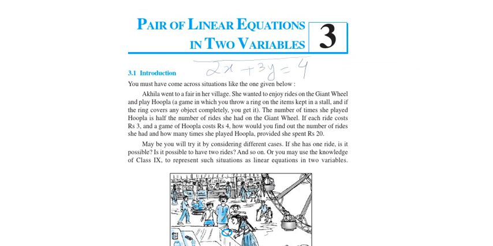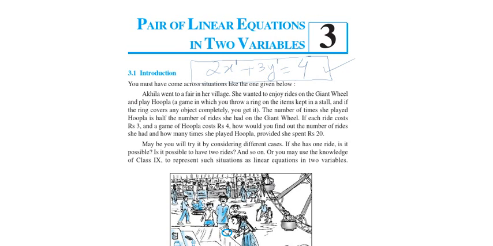Yes, this is an example of a linear equation in two variables, because first of all there are two variables you can see. One is x, the other variable is y, and also it is a linear equation because the power, the degree of these variables, is 1. Here it's also 1, here it's also 1, so it's called a linear equation in two variables.